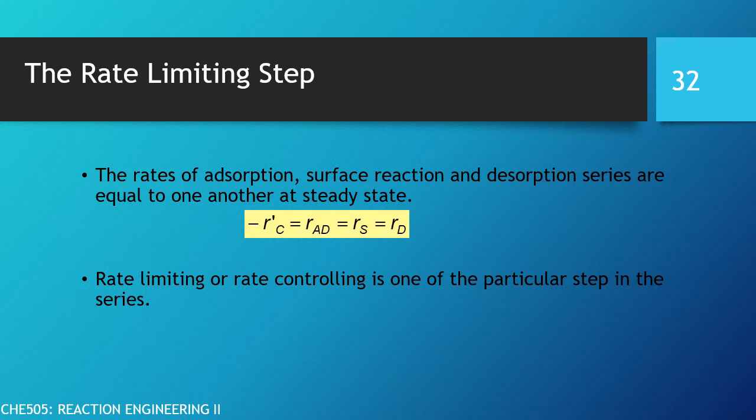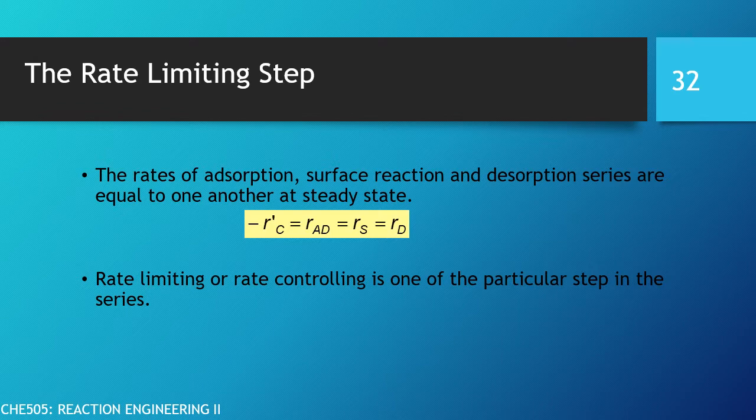Therefore, negative r prime A, the overall net rate law equation for the catalytic reaction, is equal to the rate of adsorption, also equal to the rate of surface reaction, also equal to the rate of desorption.